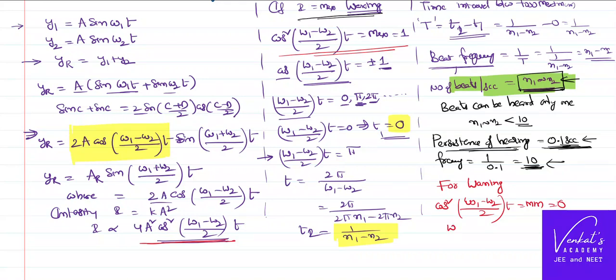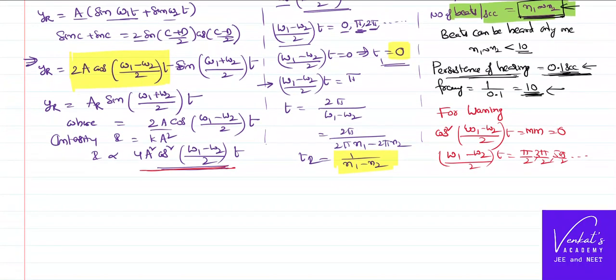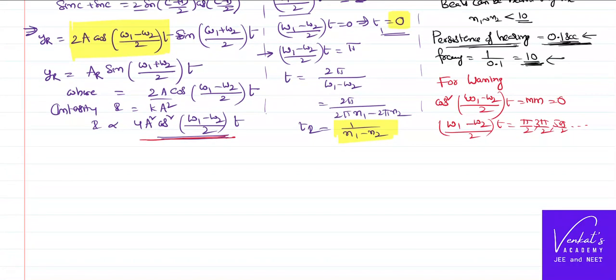Then (omega 1 minus omega 2) by 2 times t is possible at angles pi by 2, 3 pi by 2, 5 pi by 2, and so on. Right? So if I have to write when it happens first, the first waning, the minimum of the beat happens at pi by 2.